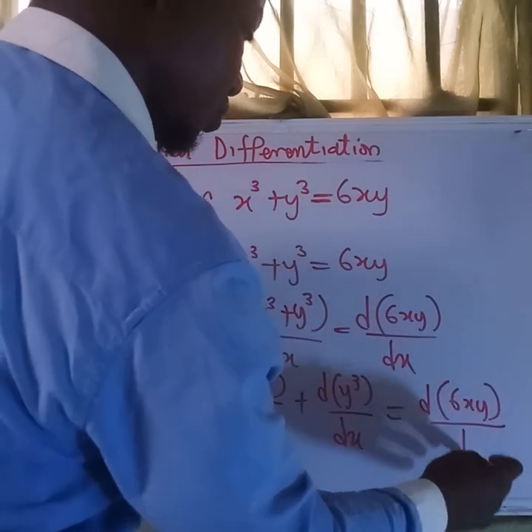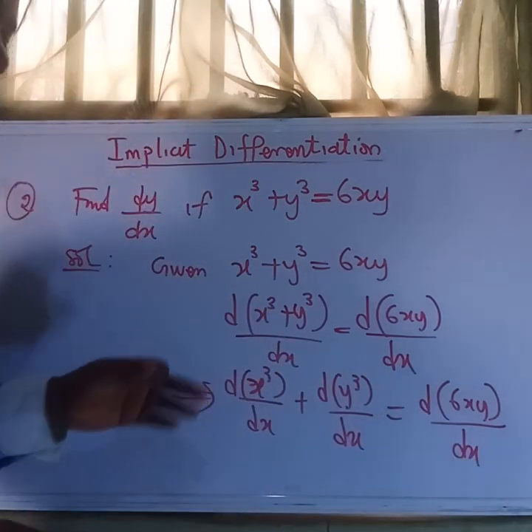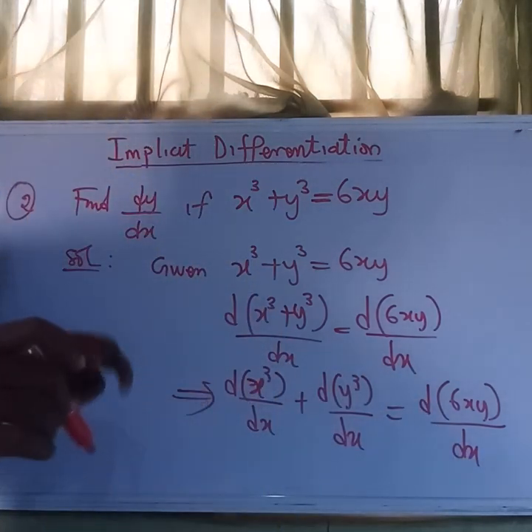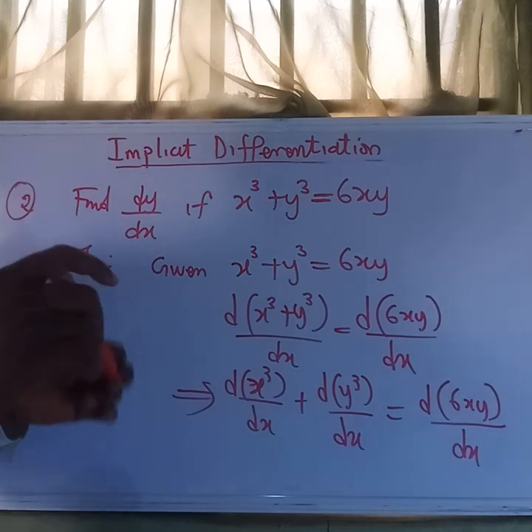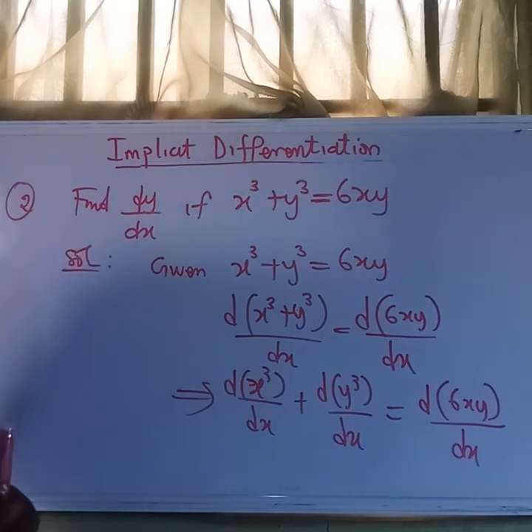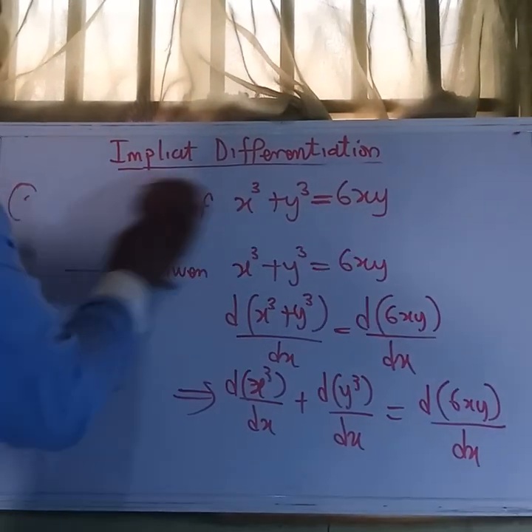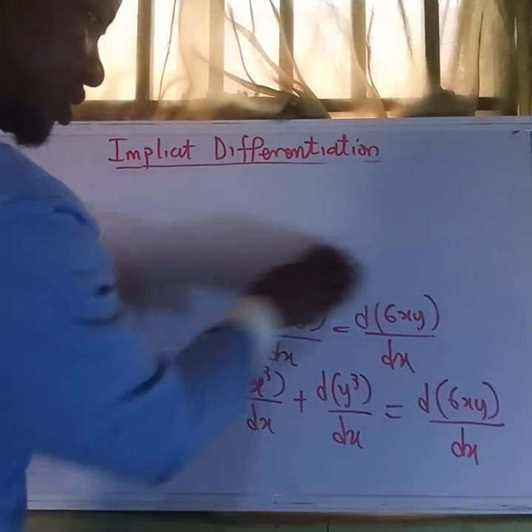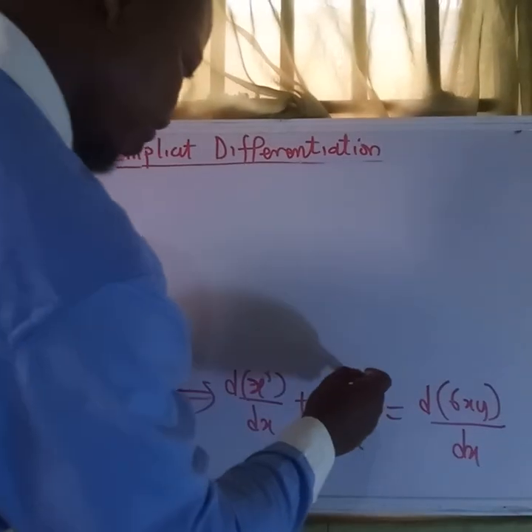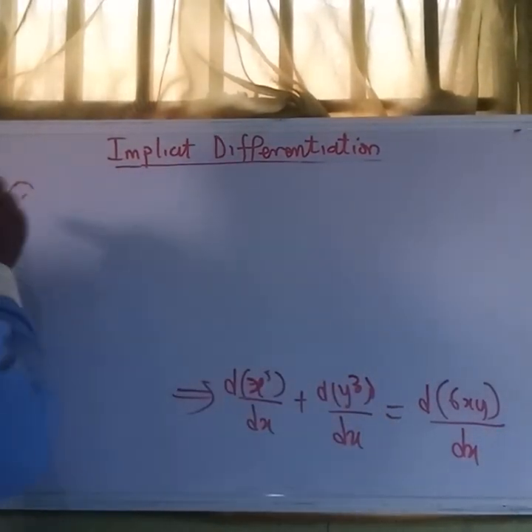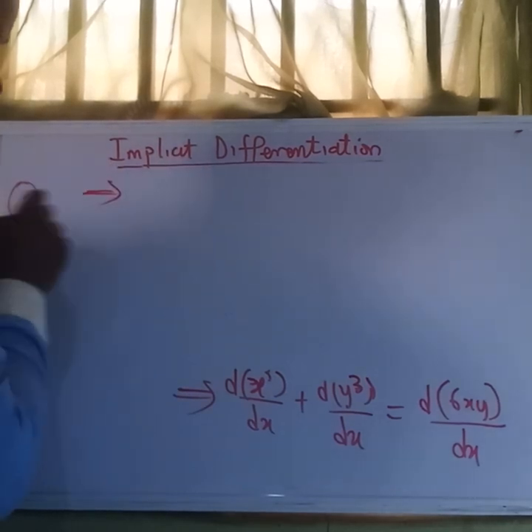What we note here is that y is a function of x, and as such we must apply what we call the chain rule and the power rule to find their slope. So if you have this, we can now differentiate each of the terms and see what that gives.